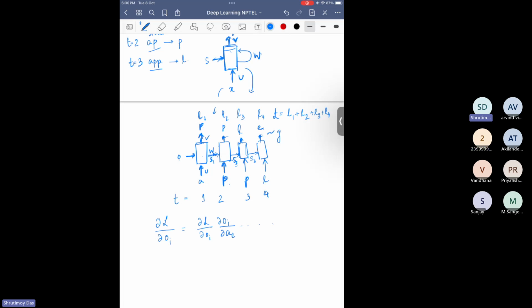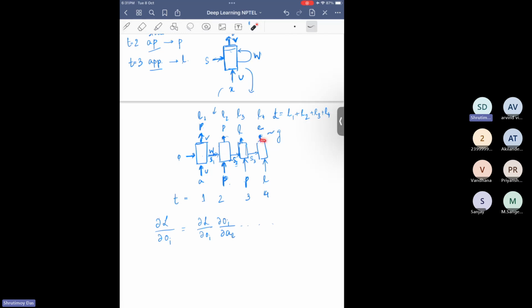So now in this case, you are getting an error at this point, and now you will compute your derivative with respect to the parameters at this point.